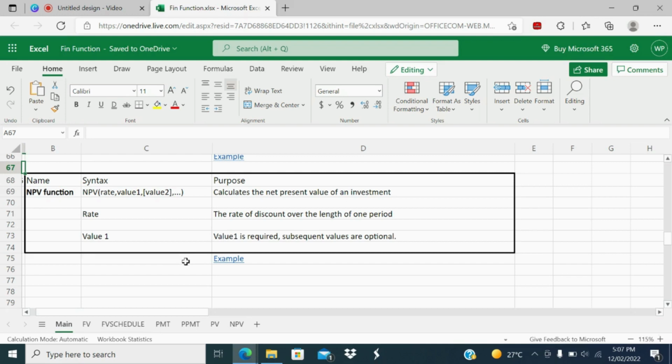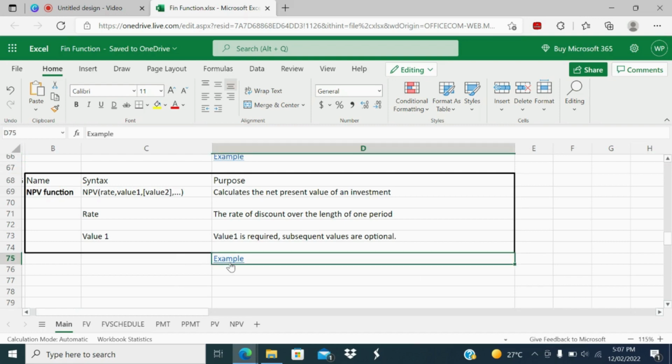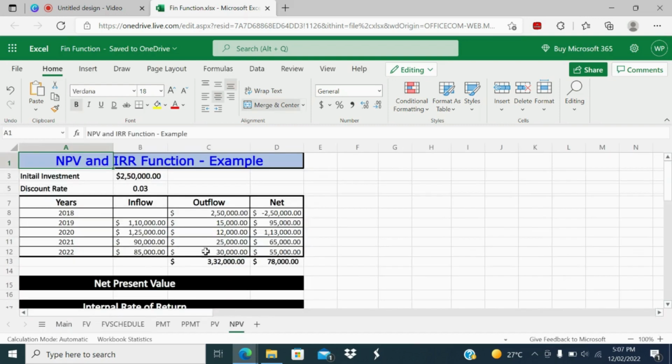Let me see with an example. Now, I have a cash flow. The initial investment I made is 250,000, and the discount rate is 3%.